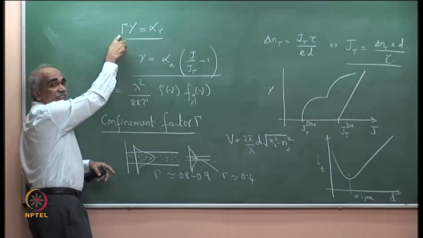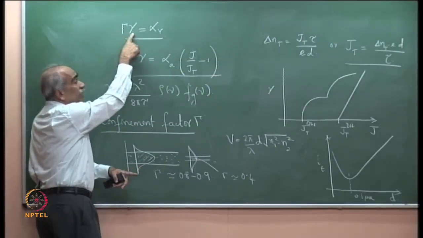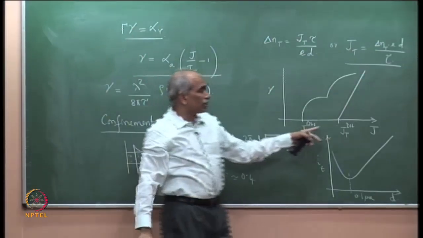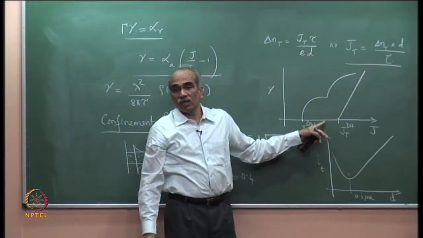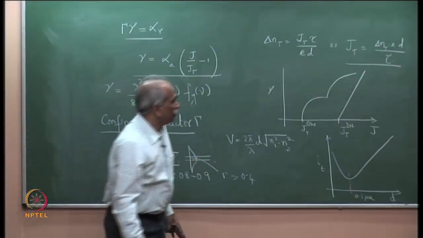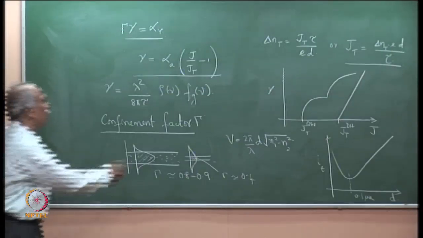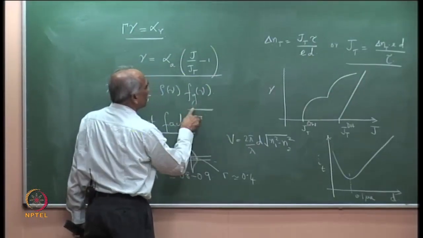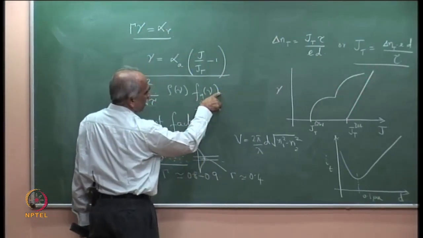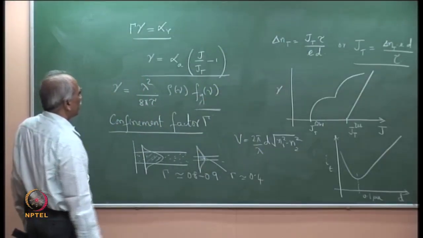Although the confinement factor is small for a quantum well, gain at the same current is much larger for a quantum well, because eta i is very high, and there is one more factor: Fg varies rapidly, Fg increases rapidly to 1. This has to be appreciated, how this varies.